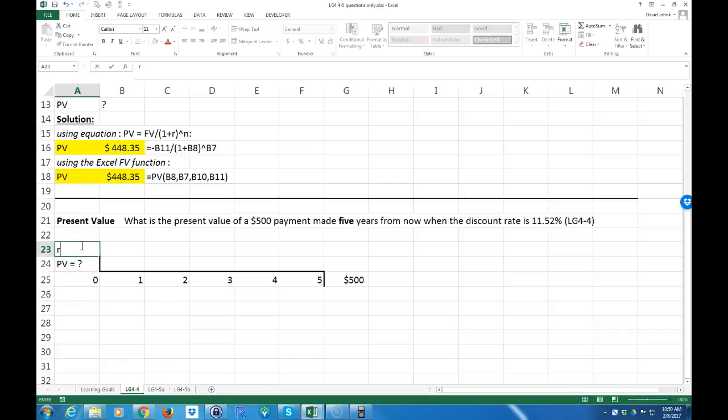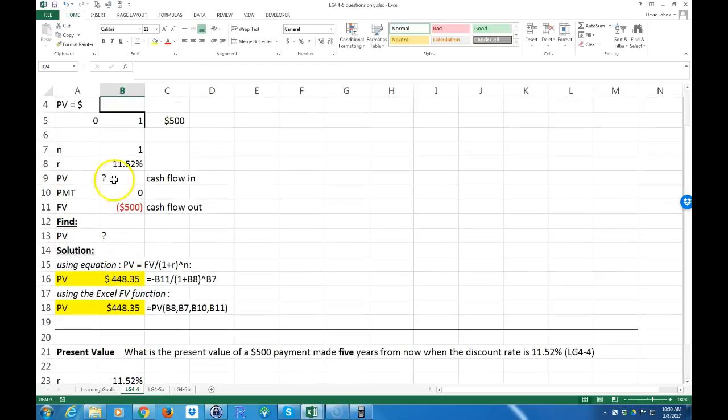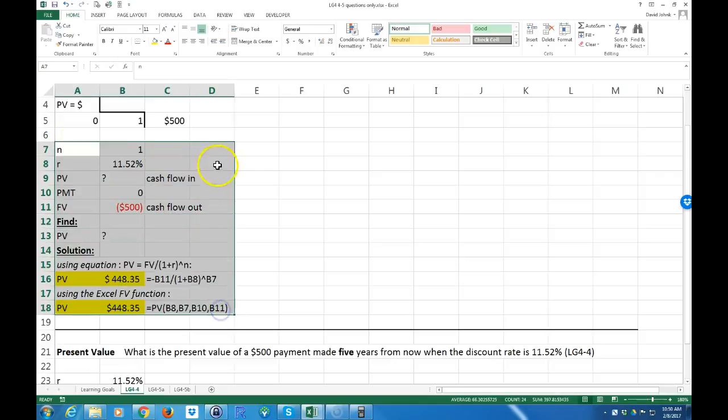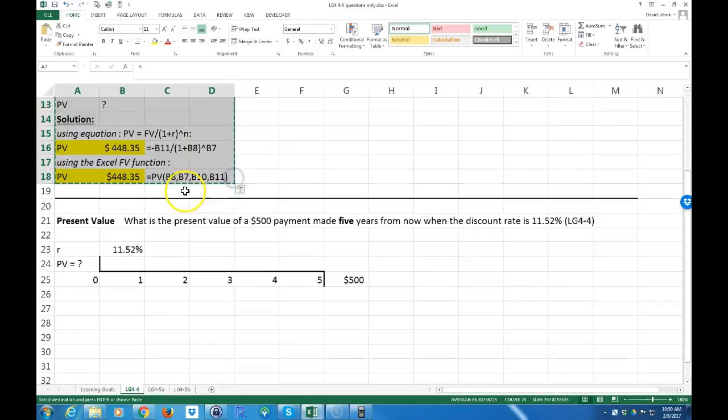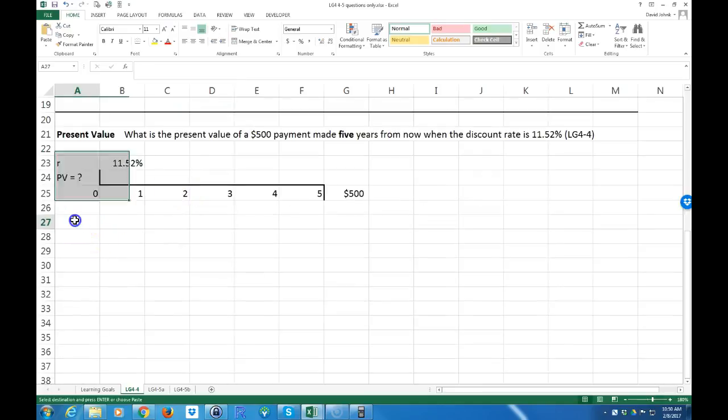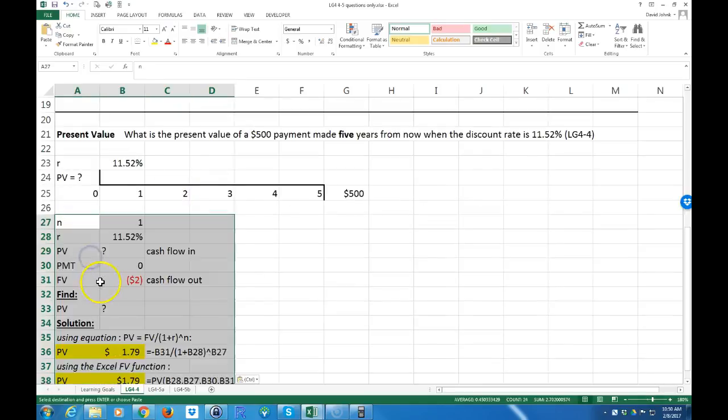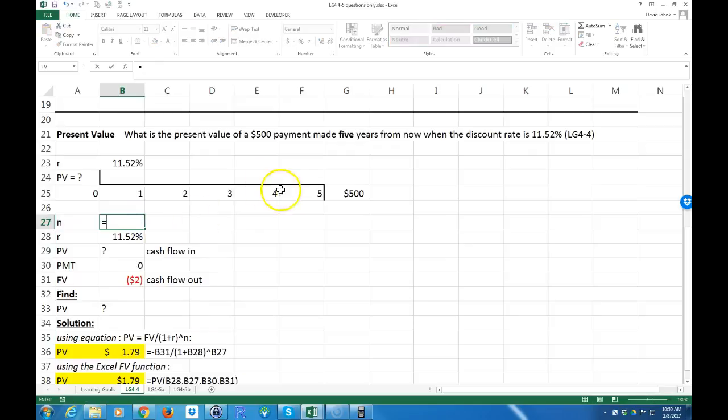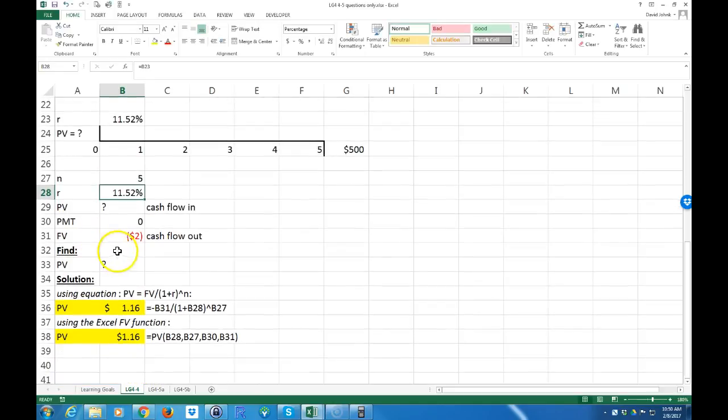And R is equal to 11.52%. Okay? And since we've done all this up here, this is the beauty of Excel. I can copy this down here and just modify it. So I'm going to paste this here. So now N is equal to 5. R is the same thing. It's still pointing there. It's all relative, right?